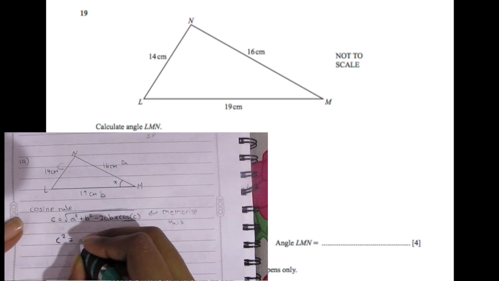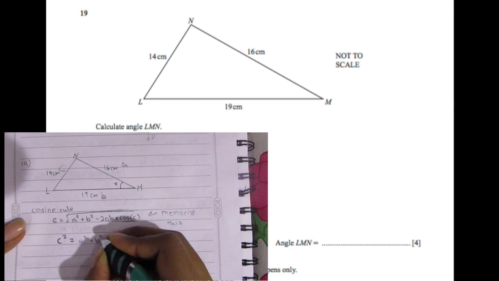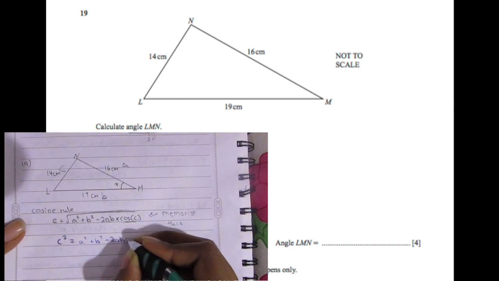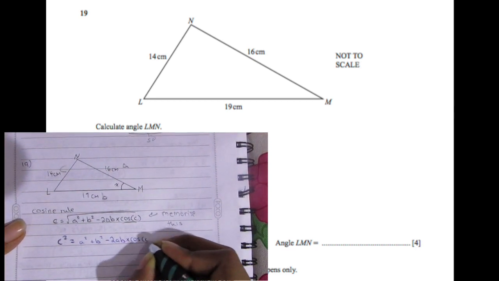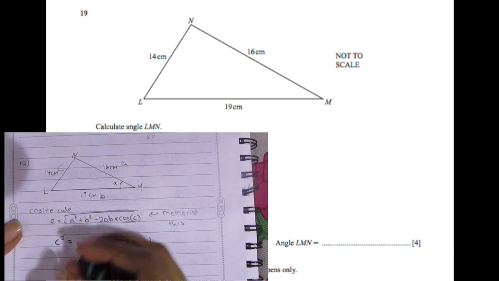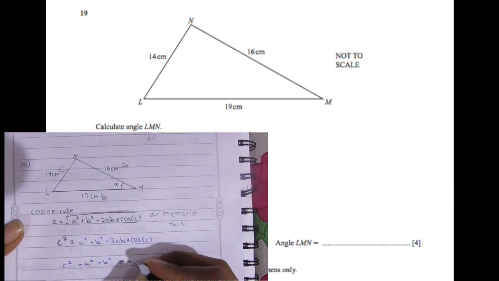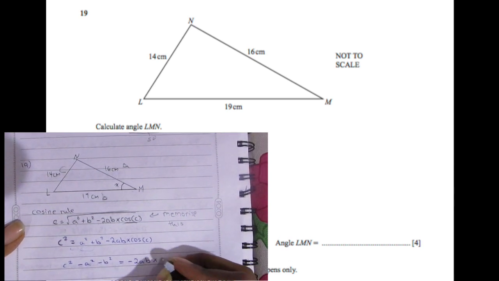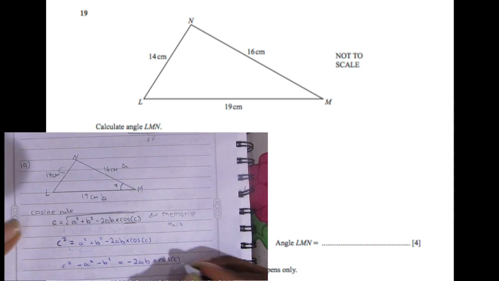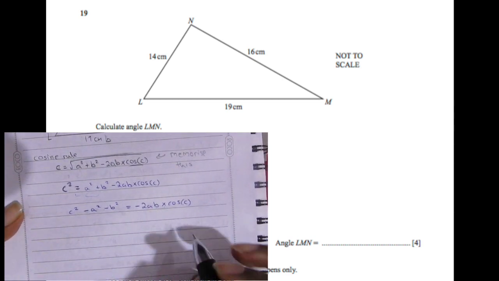And now we're trying to make cosine C or cosine X the subject of the formula. If we want to change the square root, we move it there. It becomes C squared, which equals A squared plus B squared minus 2 times A times B times cosine C. Then move them to the other side, so C squared minus A squared minus B squared is equal to negative 2AB cosine C. Then we divide by negative 2AB.